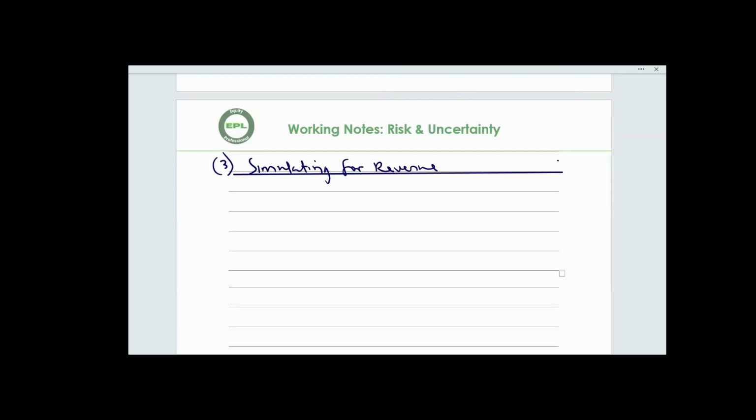You create a column for revenue, probability, cumulative probability in percentage. We have random allocation. We have random number.